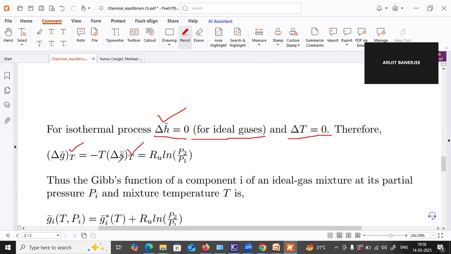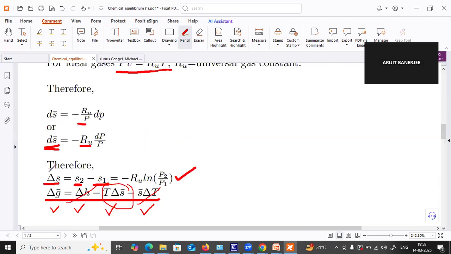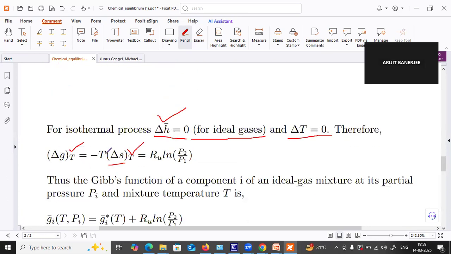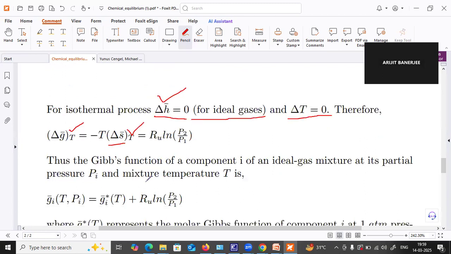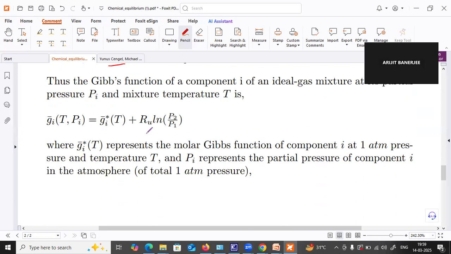So now we replace this delta S term from this one. So delta S is minus R_u ln P2 by P1 and delta G is equal to minus T delta S. Therefore, I'm sorry, one term I have missed, I guess.